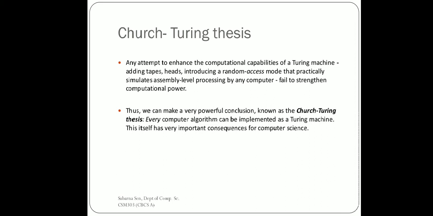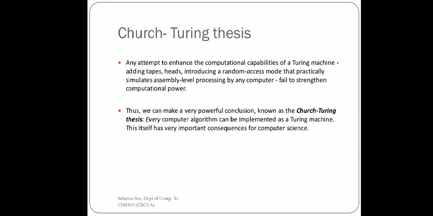Now, whatever the details of this Church-Turing thesis are, you will find them in a document that I will be sharing with you along with the study materials and this lecture series. So just go through it once. What was the basis of the thesis? What were the assumptions and all? Just make a note of it, nothing else.